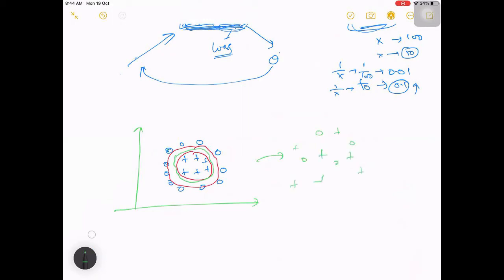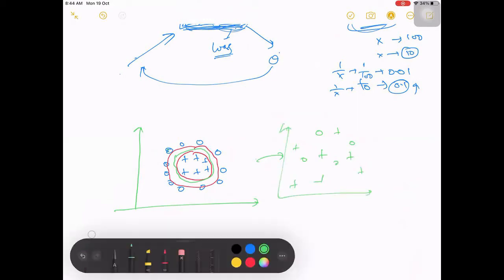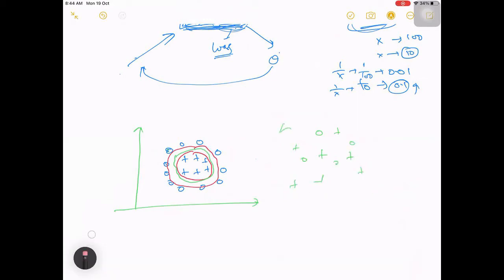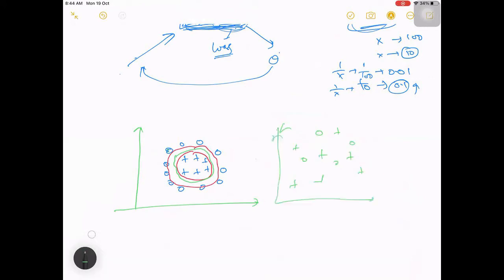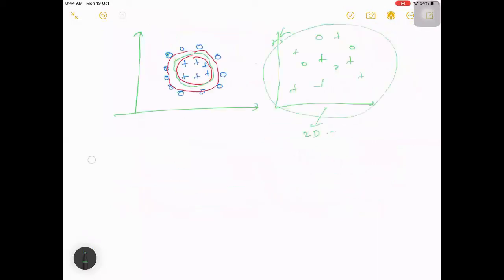In this case, how can you separate? There's no clear relation to separate these two, and that is not possible in two dimensions. But if you take it to a higher dimension or transform it to some other dimension, maybe then you will be able to classify it.